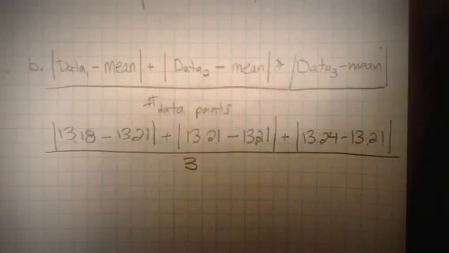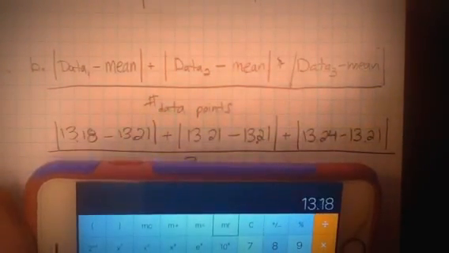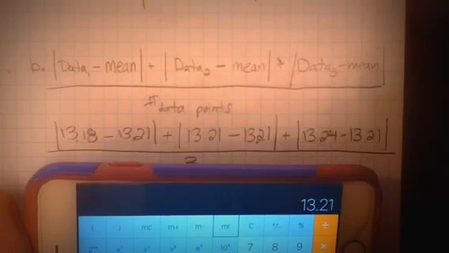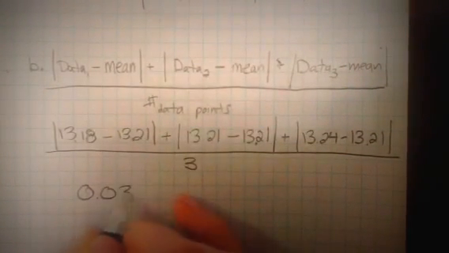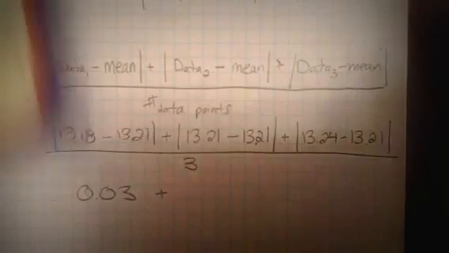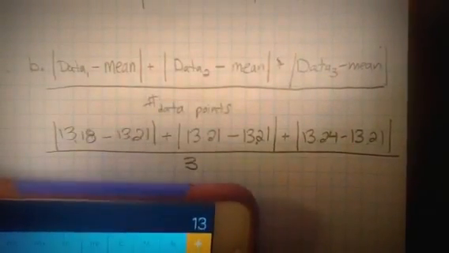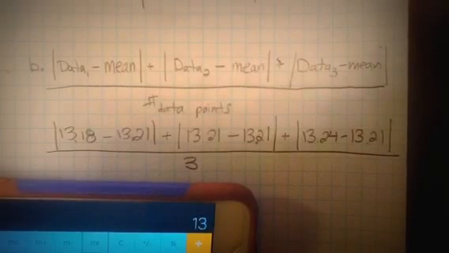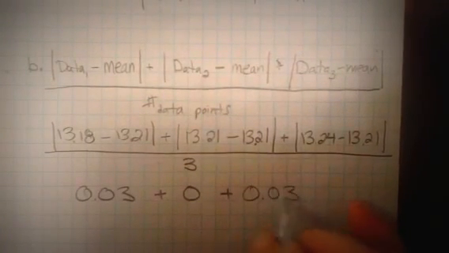So recalculating that quickly, I'm going to put my calculator in here. 13.18 minus 13.21, we end up with the absolute value of 0.03. We're then going to add that to 0, and then add 13.24 minus 13.21, absolute value again.